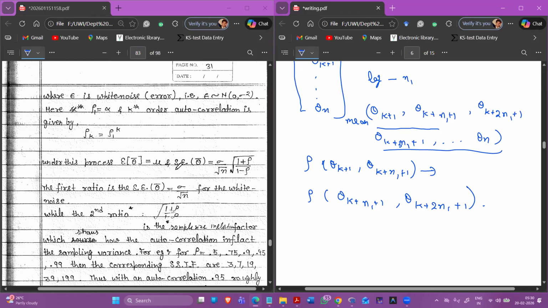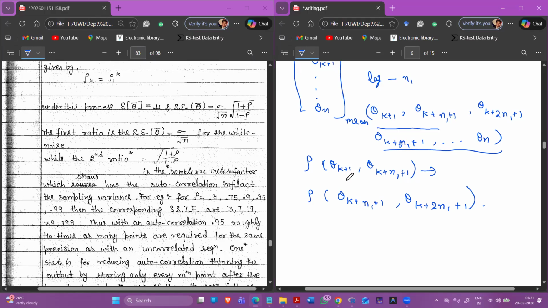Do you understand the concept of time series? How do you forecast the future value? Your current value depends on your previous values, right? If I know the stock price of the past 10 days of any particular stock, I can forecast tomorrow's stock price of a particular share, right? So in the same manner, we are checking this autocorrelation.